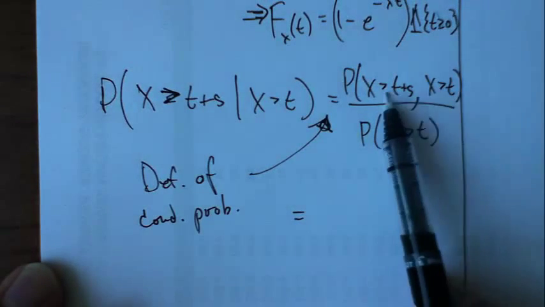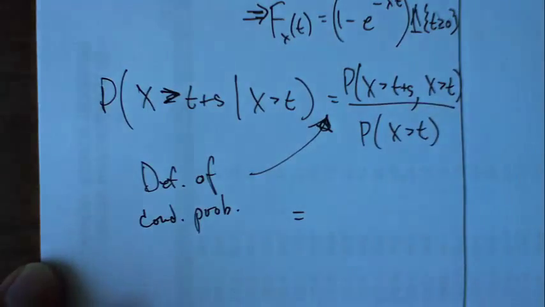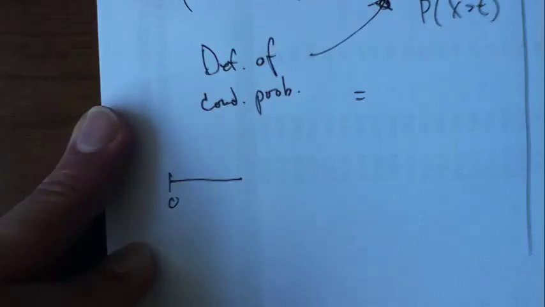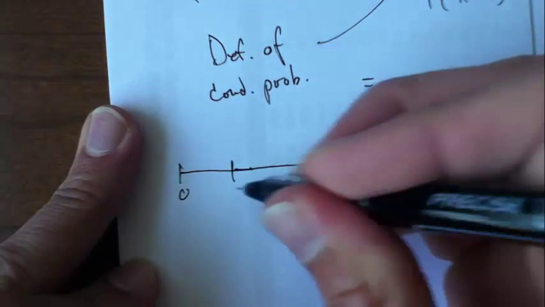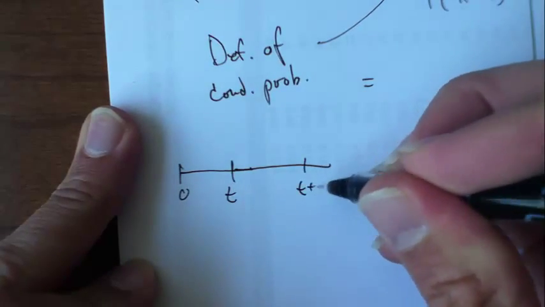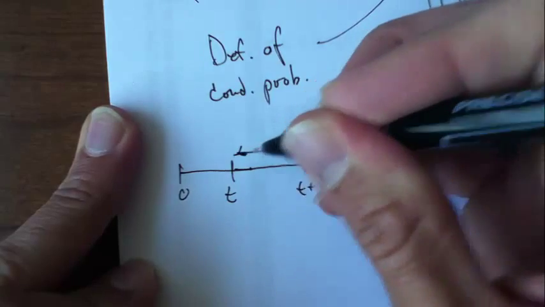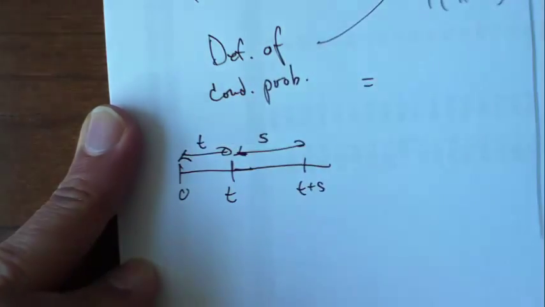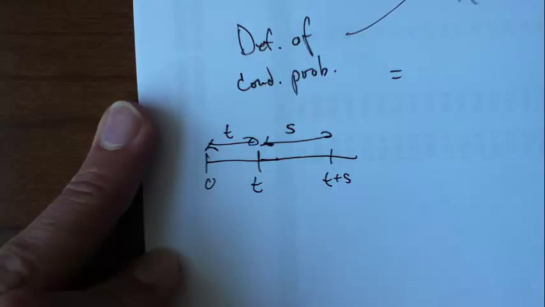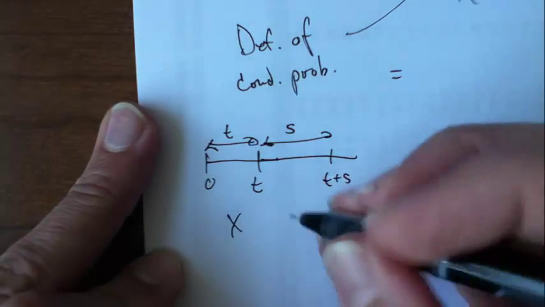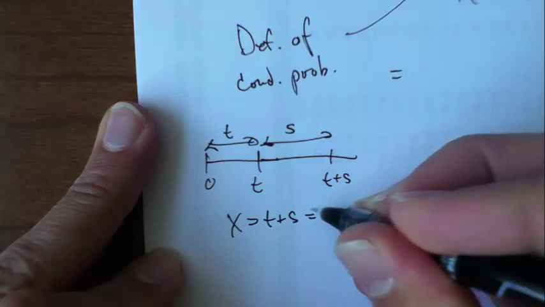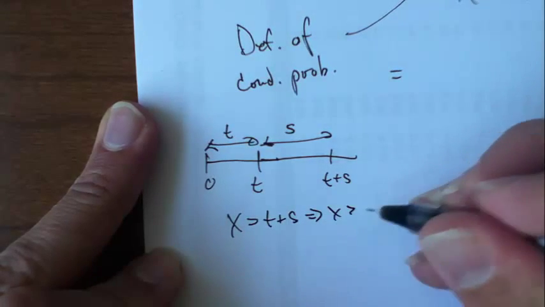Now, take a look at these two events. One actually implies the other. Let me draw that little picture we had before. If I have my timeline here, 0, t, here's t plus s. This much is s, this much is t. Then note that X being greater than t plus s actually implies that X is greater than t.